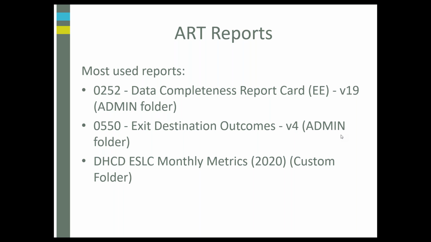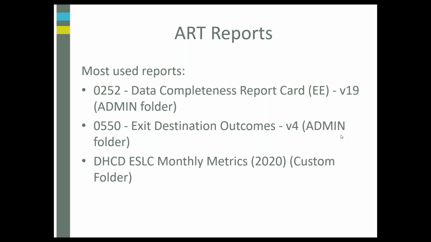And then finally, in the custom folder, there is a DHCD Emergency Shelter Learning Clinic monthly matrix report. This gives you information about the number of people that have come in and out of your shelter, where they went, how long they were there, to really make sure that we're moving people as quickly as possible and that we're moving them to permanent housing.